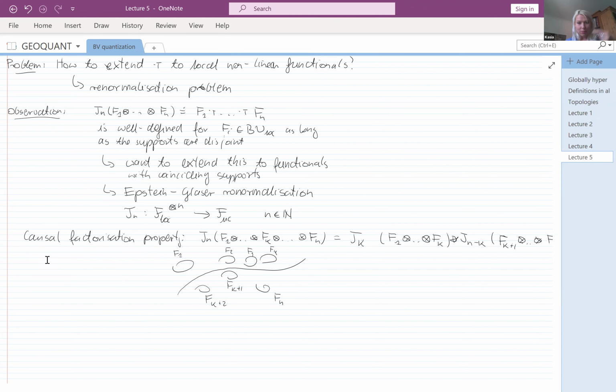And due to this nice framework of Epstein-Glaser with some theorems of microlocal analysis, you can show the existence of such extensions, and then the ambiguity, the freedom you have, is related to the renormalization freedom. So there's this whole renormalization procedure that can be phrased in that language. Sorry, that was a very long answer to this question, but the question deserved a longer answer.